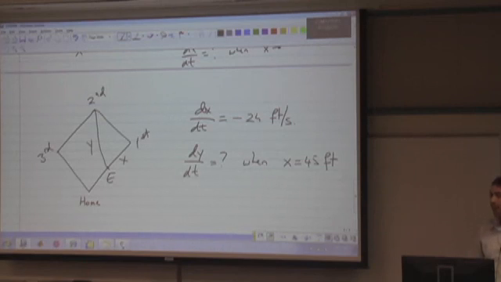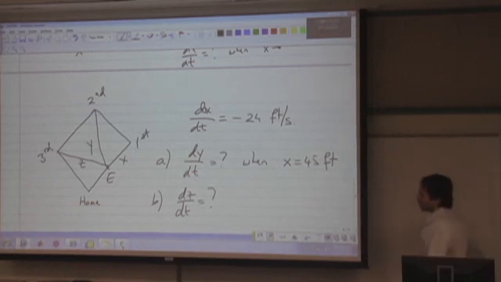And you should not have problems setting up part B as well. Part B is in relation to third base. Does that make sense? So if I label this Z, then you're looking for dz over dt.